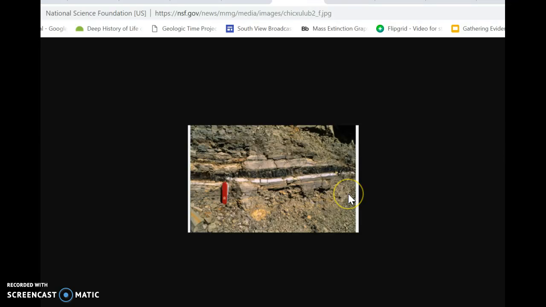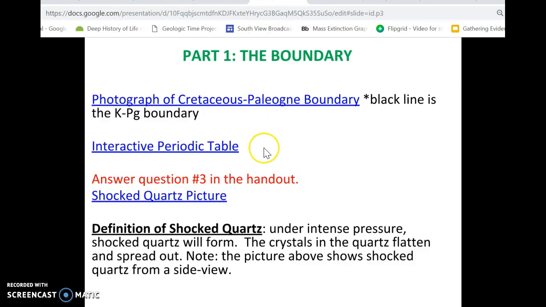But the area that is above the boundary line is the Paleogene time period, and the boundary below is the Cretaceous. The Cretaceous is time of the dinosaurs, and then the Paleogene above, no dinosaur fossils. So we'll talk more about that later. Okay, so we already accomplished number one just by looking at what we were supposed to. So now we're back to our directions.